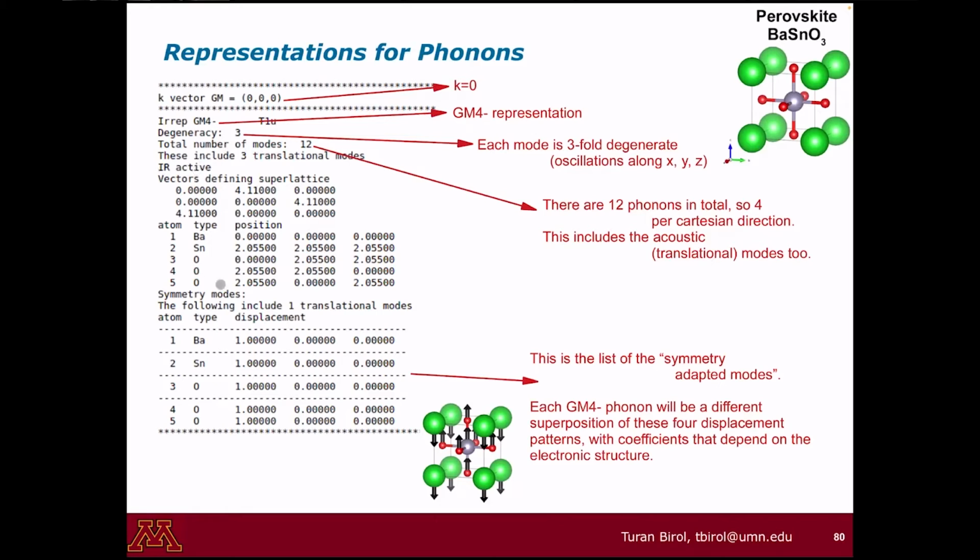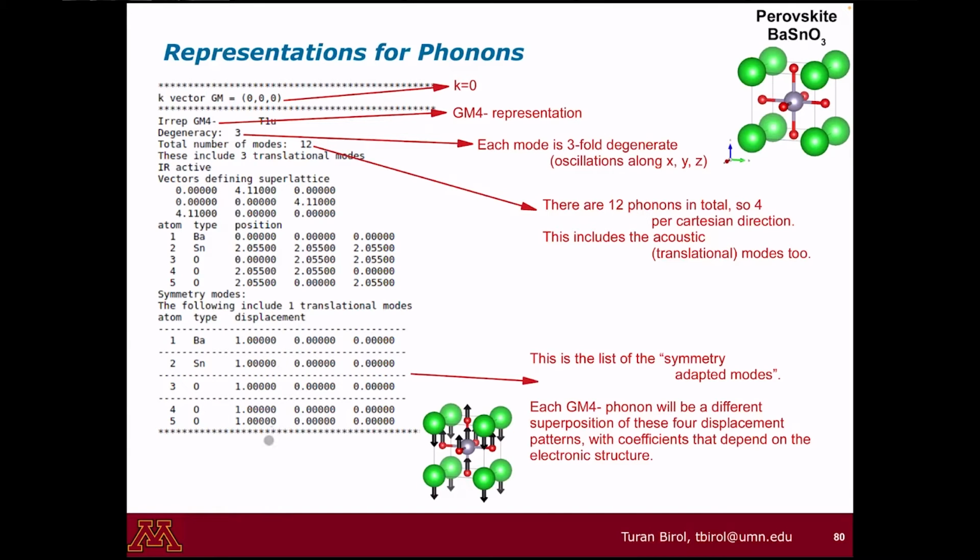Here it gives us the coordinates of the atoms that I would need to calculate this type of a phonon in DFT. This is just a primitive unit cell. Since this is a gamma point mode, I didn't need a supercell. And here are the 4 different sets of displacements.